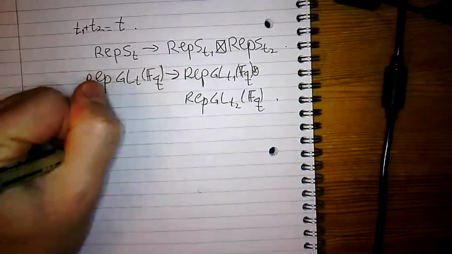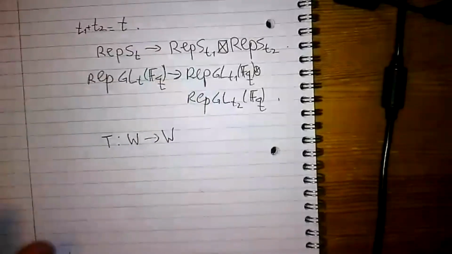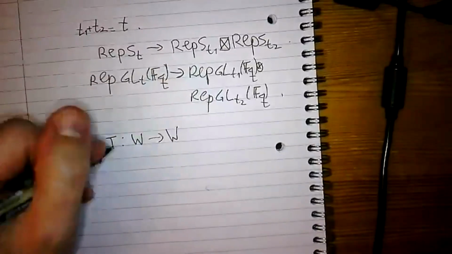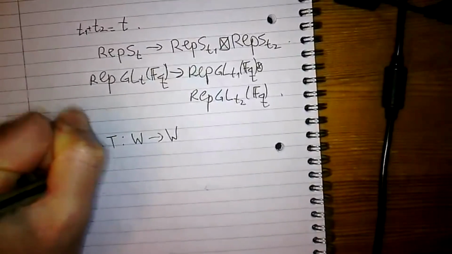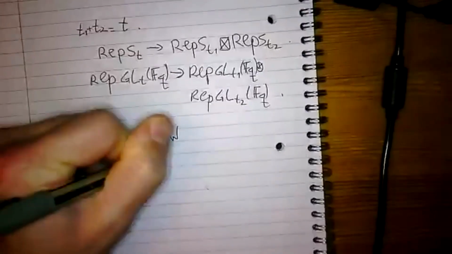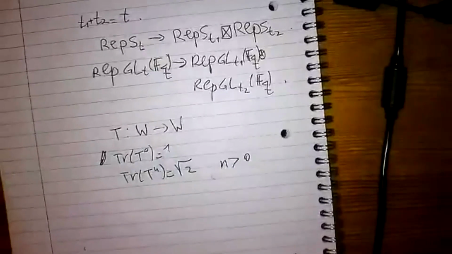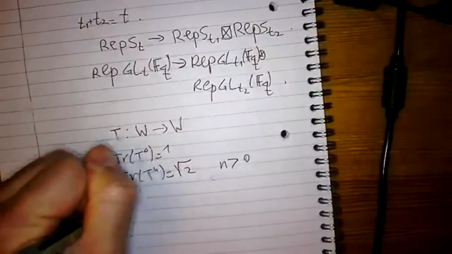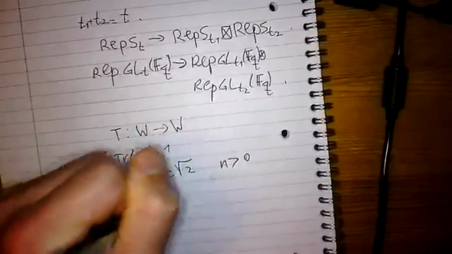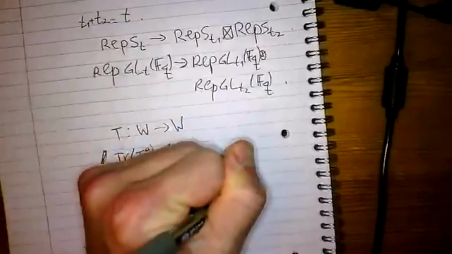So, for example, if I take an endomorphism T from W to W, such that trace of T to the 0 is 1 and trace of T to the n is square root of 2 for every n bigger than 0, then allegedly I get here a vector space of dimension 1, but I really will not get a functor from rep GL1 to Sikai in this situation.